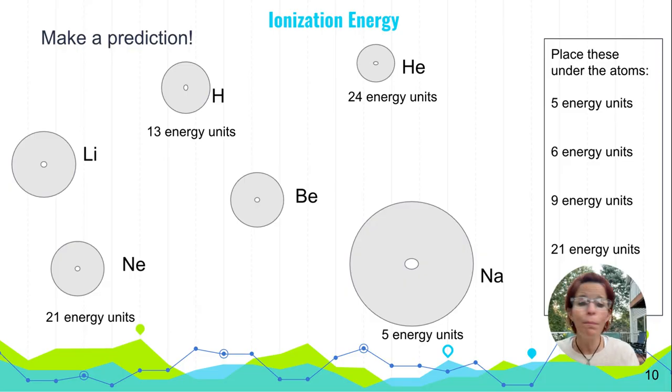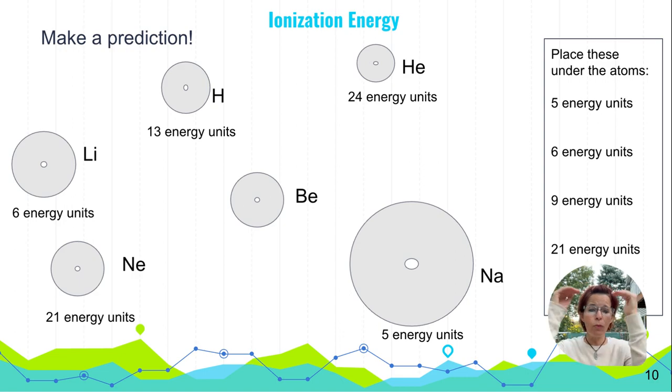Nope, sodium is next. Sodium is very easy to pull it off because its electrons are quite far away from the nucleus. And so that's going to take very little energy in this particular example of all the different of the 6 elements that we have here. Sodium is going to be the easiest. It wouldn't be the easiest on the whole periodic table, but of these 6 choices.